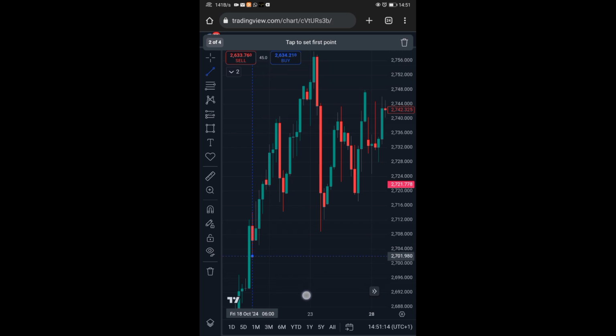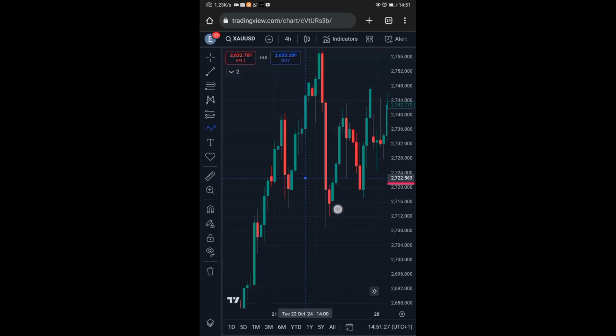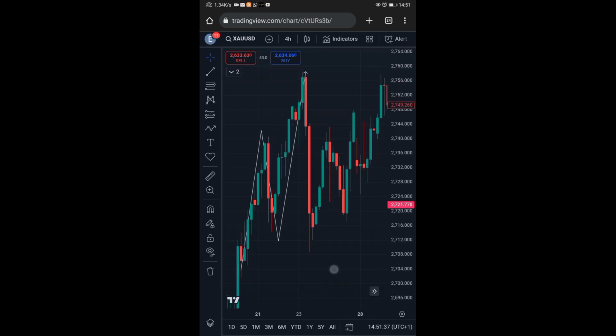We can see that this market was rallying up, up, up, and here you can see that this leg really led to a break of structure. There was a break of structure right there following this very leg here.